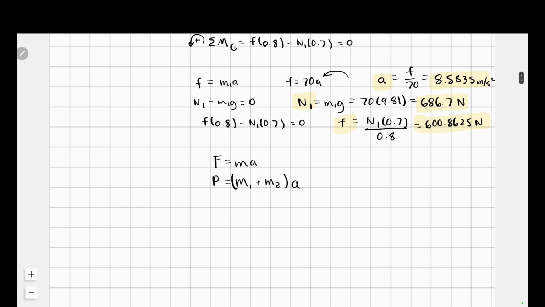So M1 plus M2 would be 70 plus 10, so that would be 80. And with A as 8.5835, that gives us P as 686.7 newtons. And that would be our answer for P.